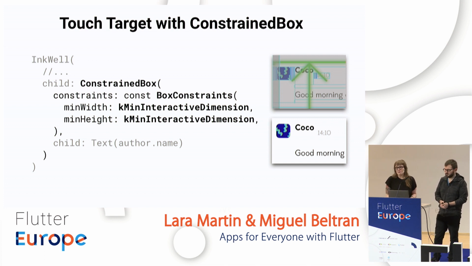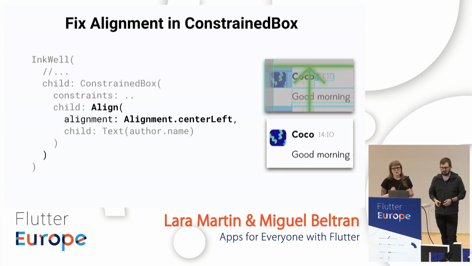Now, we have another problem, which is that the text is larger in height, so the UI looks a bit different. We have to fix that. To do that, we use the Align widget. We remove existing paddings that we have, and we add a bit of padding to the avatar. And now we have the same UI as before. It looks the same, but we have a larger click area for the user.